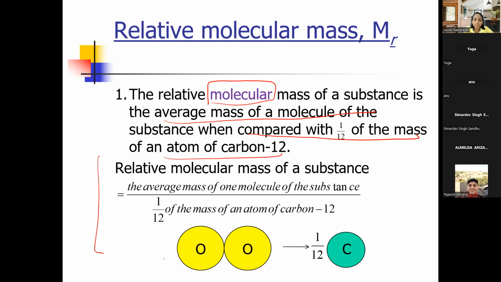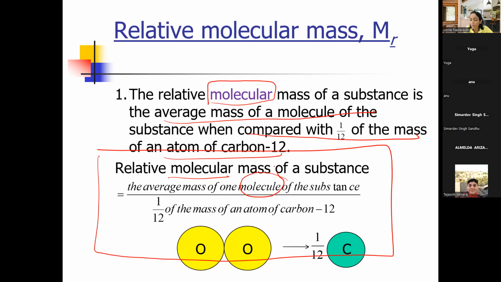The relative molecular mass of a substance is the average mass of one molecule. Just now when I did relative atomic mass, it was the average mass of one atom, of the substance divided by 1/12 of the mass of carbon 12.